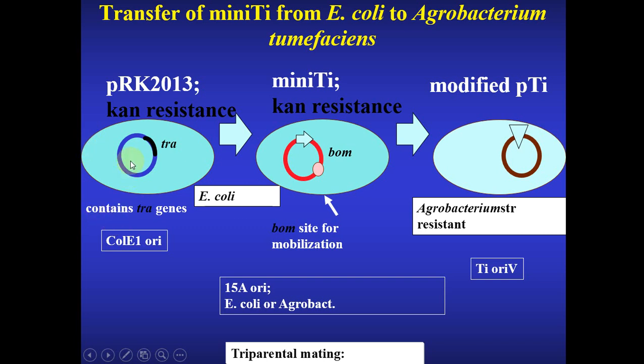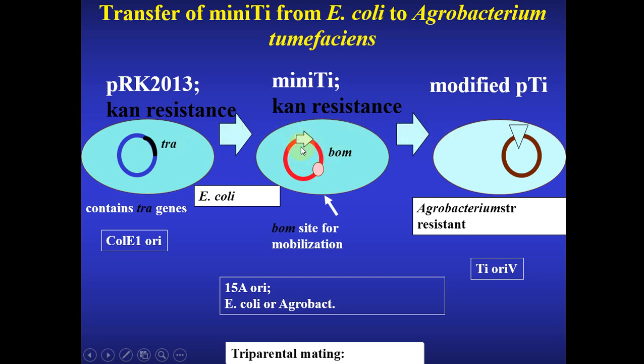See here, this plasmid consists of kanamycin resistance and the tra region, the pRK2013 plasmid. Then this is transferred from donor to the recipient. Now this plasmid has bom, the basis of mobilization site, and this is then modified.